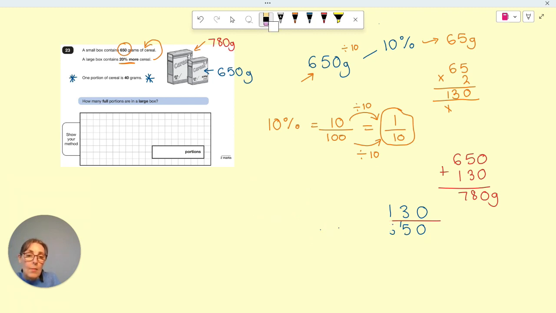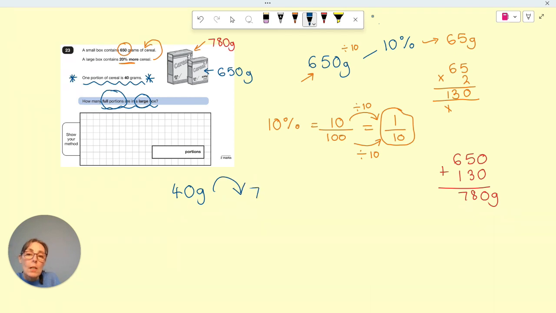Now let's have a look at, just put that up there. So one portion of cereal is 40 grams. How many full portions are there in the large box? Full portions. So I have, and it says the large box. I've got to find out how many 40 grams fit into 780 grams. I want to find out how many 40 grams fit into it.